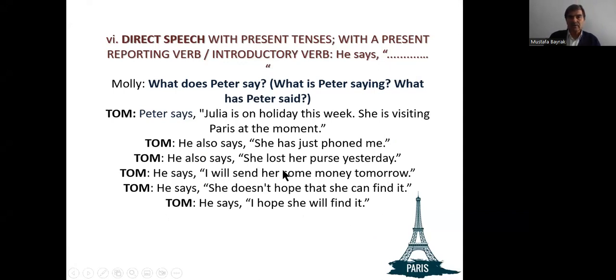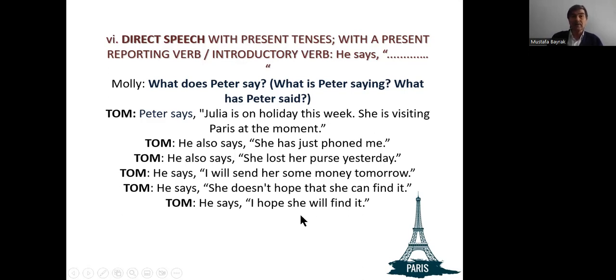Okay. She lost her purse yesterday, and she also says, yeah, I will send her some money tomorrow. Yes, Tom. He also says, she doesn't hope that she can find it. And finally, he says, I hope, so Peter hopes, yeah, I hope she will find it.